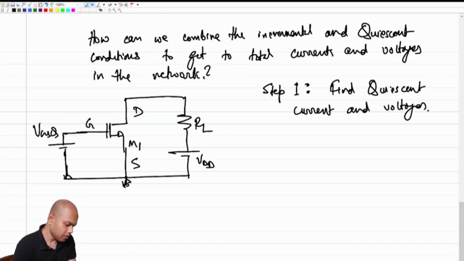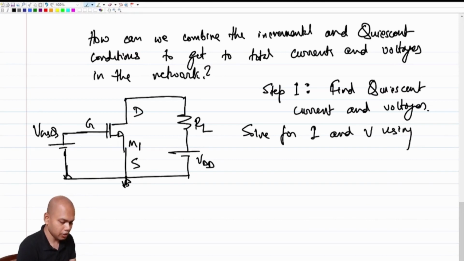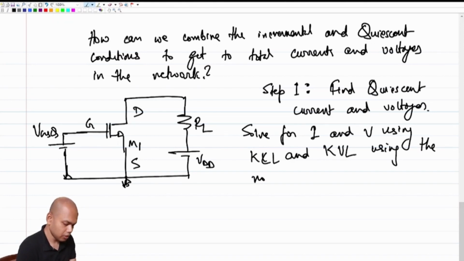Now from this, what will I do? I will solve the full-blown nonlinear equation. How do you do that? Solve for I and V using KCL and KVL, using the nonlinear IV current equations of M1.